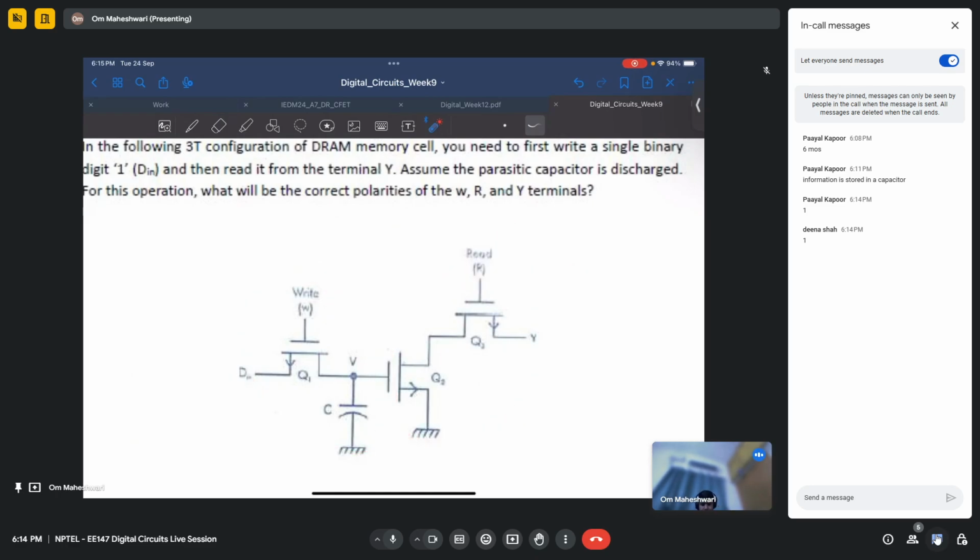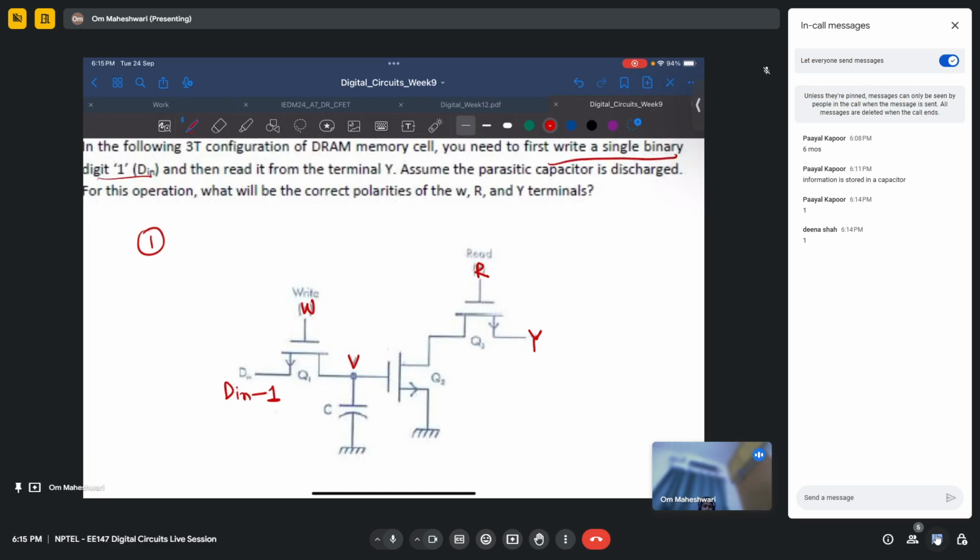So what they are saying is we have these three terminals: W, this is V, this is R, and this is Y. First, you put D in equal to 1 in the write operation, writing a single binary digit 1.